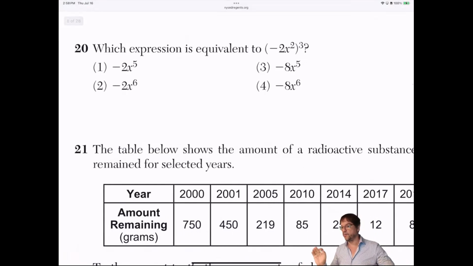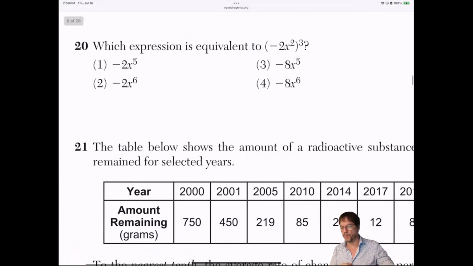Okay, so it's good. So try to do the next one, number 20.